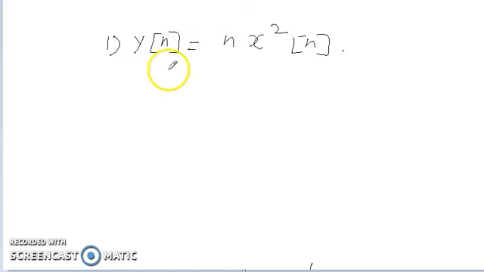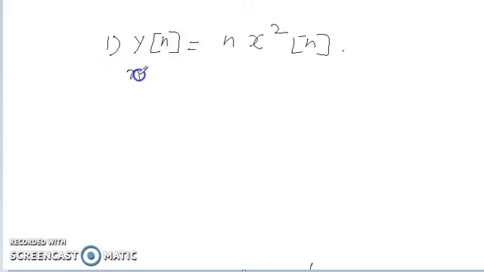First, we know that a causal system can be stated as a system whose output is dependent on the present input and past input. But if there comes a future input, the system becomes non-causal. So we are checking it in this way.